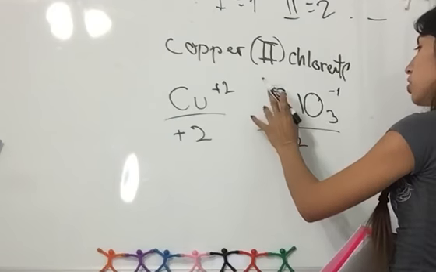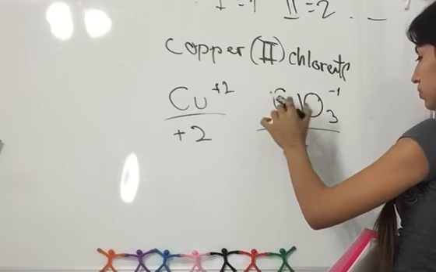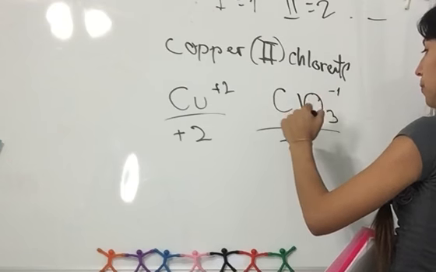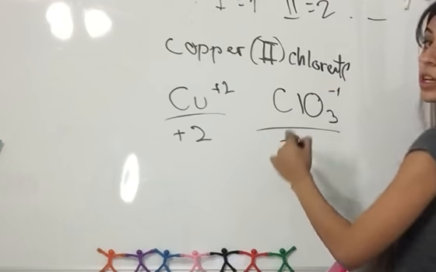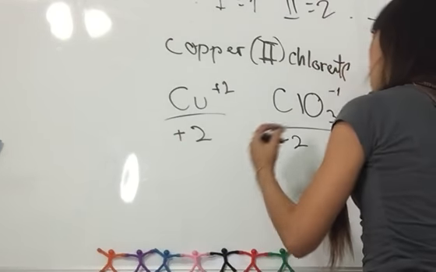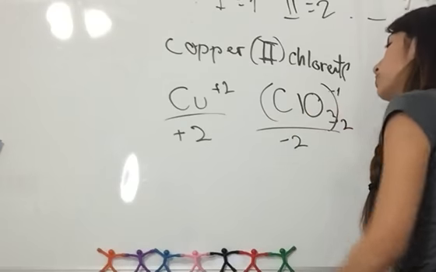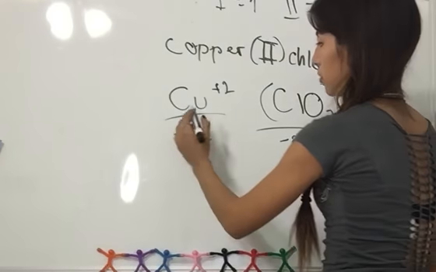So you need to know the number of chlorates that there are. So what times -1 equals -2? The correct answer is 2. So in parentheses, outside you write 2. So you would write out the formula.